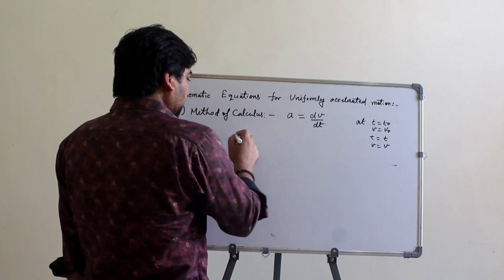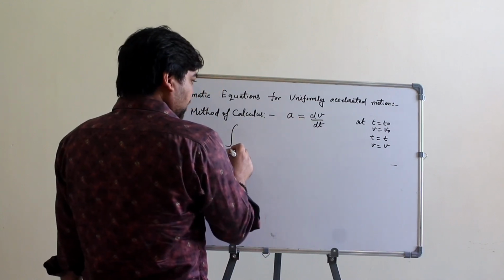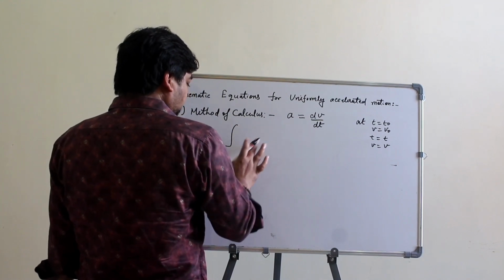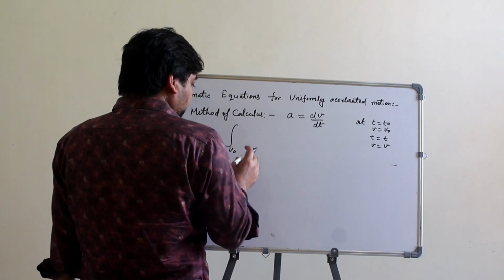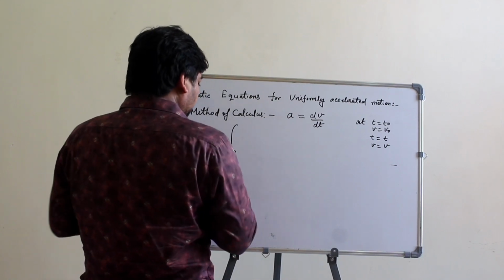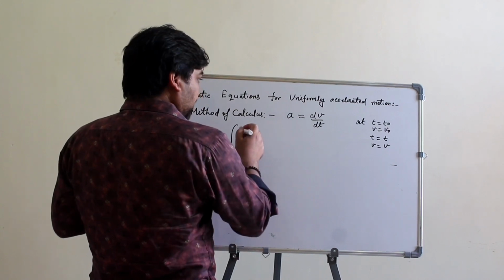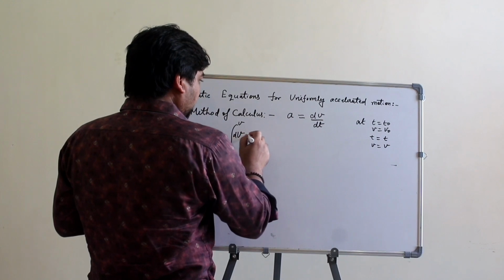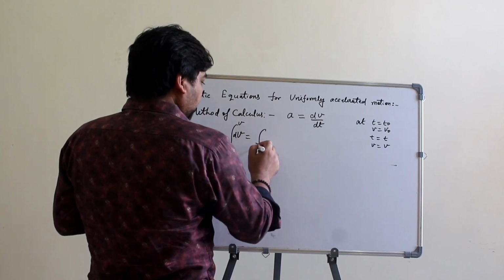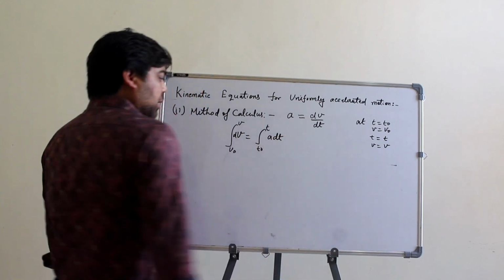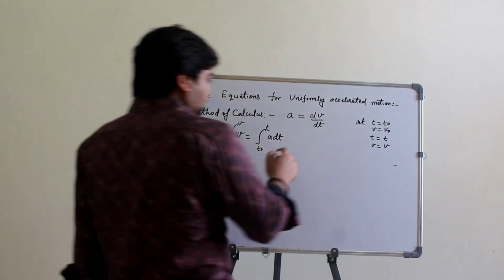So you integrate it. Sorry, this is v naught, v naught to v dv equals t0 to t a dt. This equation is a simple integral.